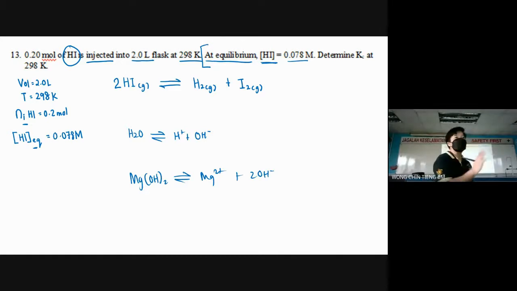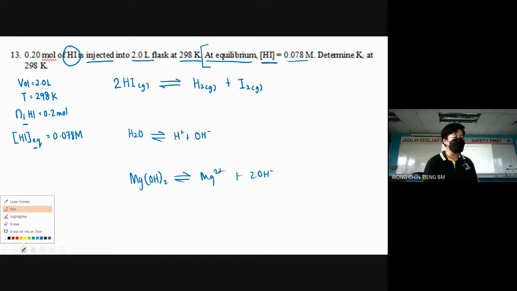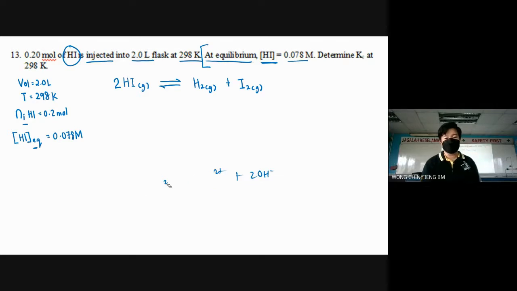Sebab dia duduk seorang, dia tak ada reaction dengan orang lain. So kita akan assume terus dia adalah decomposition. Okay? Boleh? Just in case soalan keluar lah dalam objective, we never know what will come out anyway. So you got this equation done and make sure it's balanced with the gas. So balance. Okay. Soalan minta Kc.